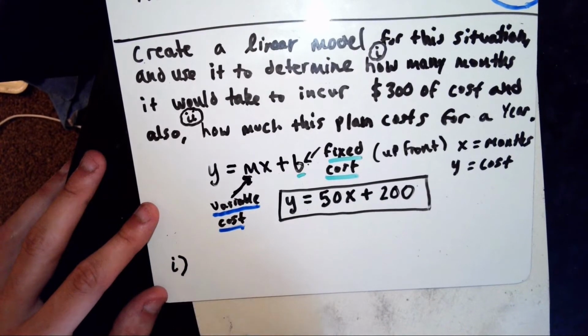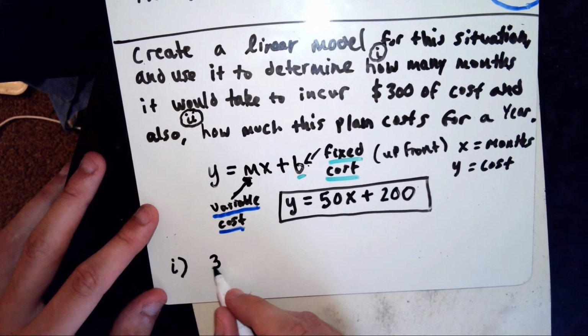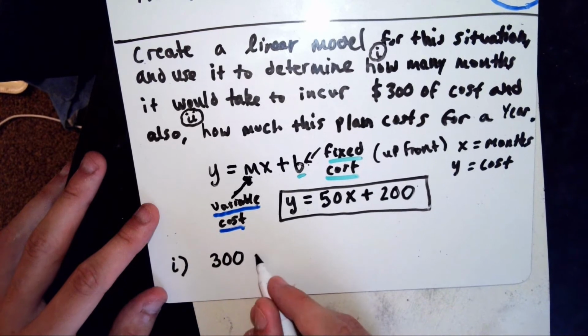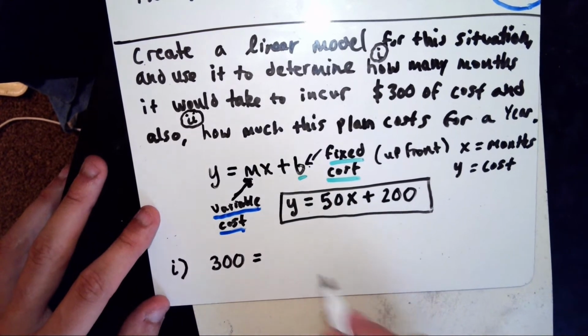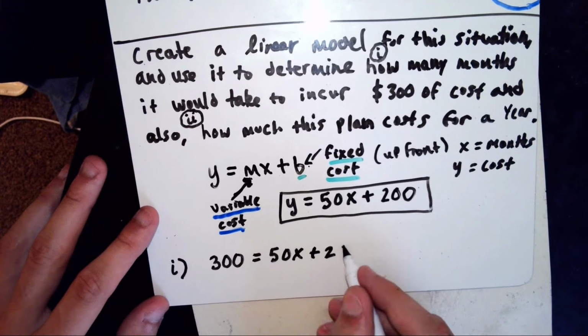Question 1: how many months would it take to incur $300 of cost? We're given $300 as the cost, so we let y be 300, and then we solve this equation for x.